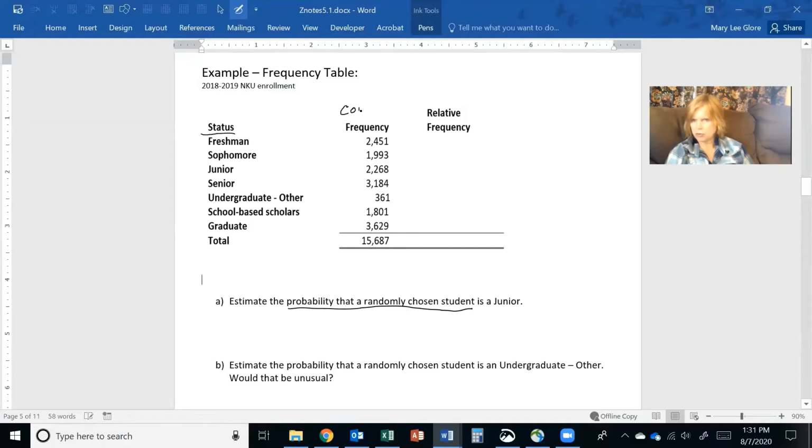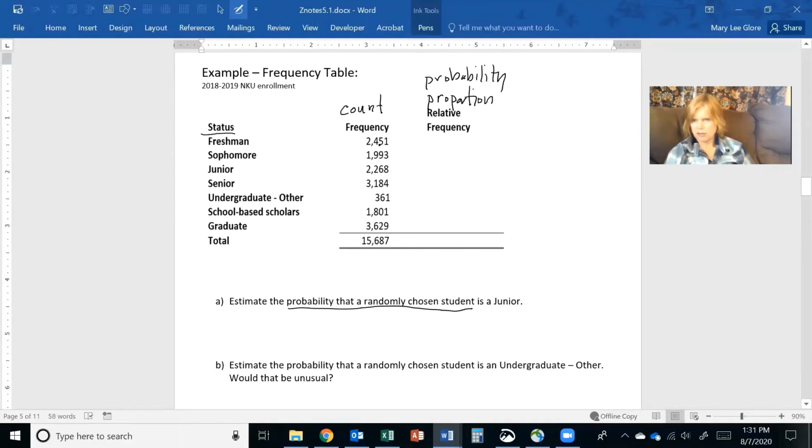So frequency, again, means the count. Relative frequency is the proportion, which we are now using as the probability, because this is an empirical probability. All right, so probability, proportion, relative frequency all mean the same thing when we're talking about an empirical probability.